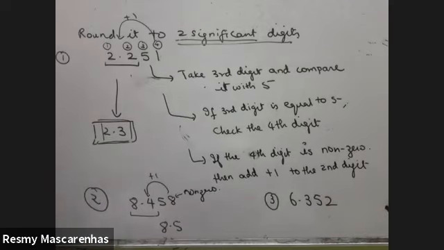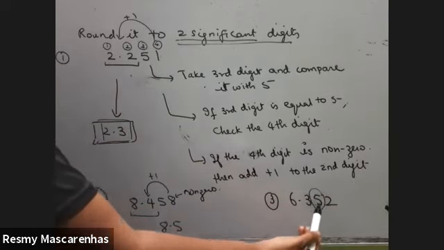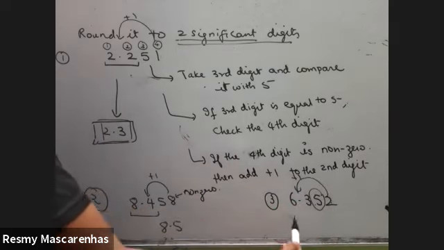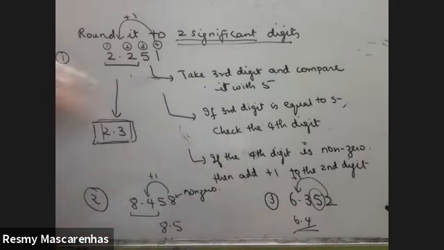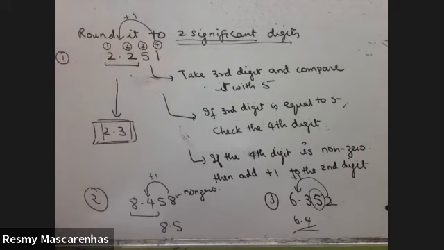Yes, 6.4. Because it's very simple. Look at this 5. So 5 means directly here, this is not 0, means straight away add +1. 6.4 will be done. So this is to be done when this fellow is 5 and this is a non-zero.